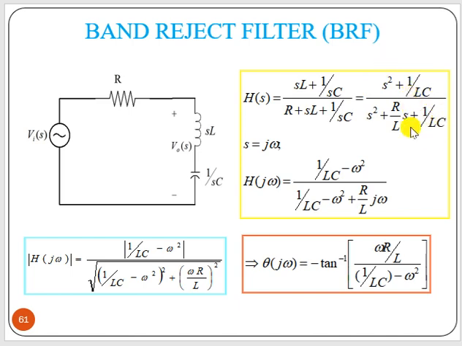So if we put s equal to j omega, we can find out the magnitude response and the value of the phase angle also. Here we have this omega R by L term divided by 1 by LC minus omega squared, that is imaginary part divided by real part.